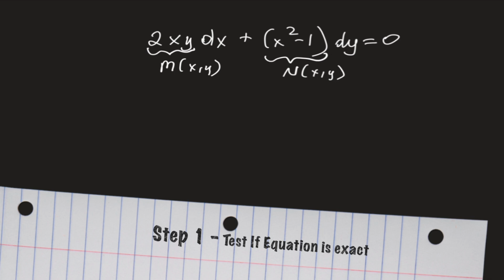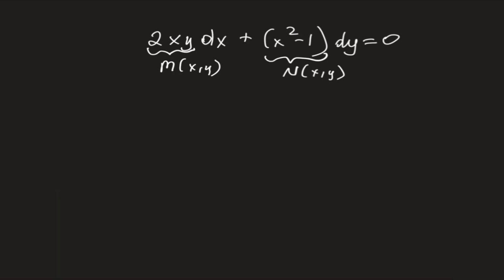To test if this is an exact equation, we have to find out if the partial derivative with respect to y of M is equal to the partial derivative of N with respect to x. If they are equal, then you have an exact equation and you can go on to solving it.